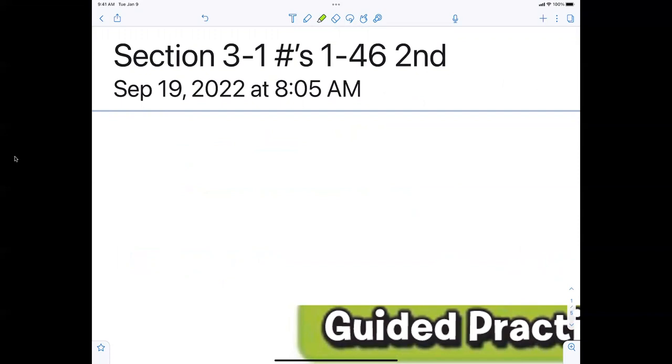Section 3-1, numbers 1 through 46. Put your name at the top, please. And everyone's writing in pencil, guys. That's a St. John's rule, that you're supposed to be writing in pencil. Math is pencil. Homework is done in pencil.